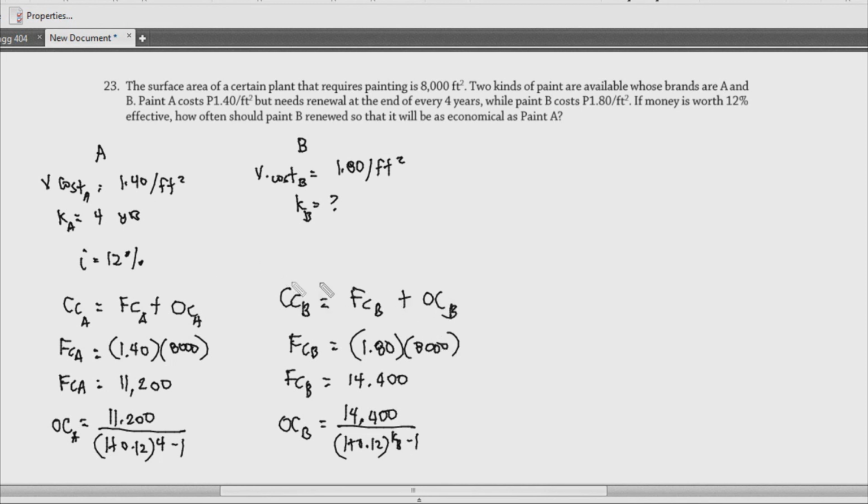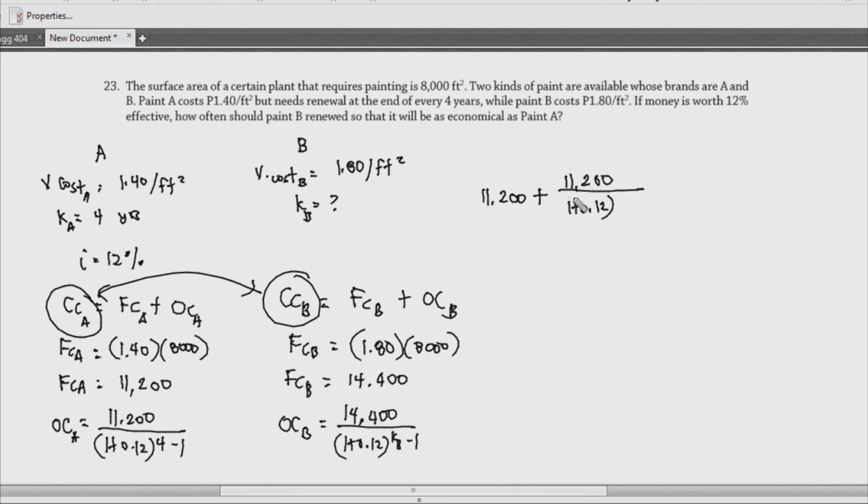So, equating this, kasi if you want to make this as economical as A, then we can equate this to, okay? And therefore, this becomes 11,200 plus 11,200 over 1 plus 0.12 raised to 4 minus 1. This is equivalent to 14,400 plus 14,400 divided by 1 plus 0.12 raised to K, and then minus 1.